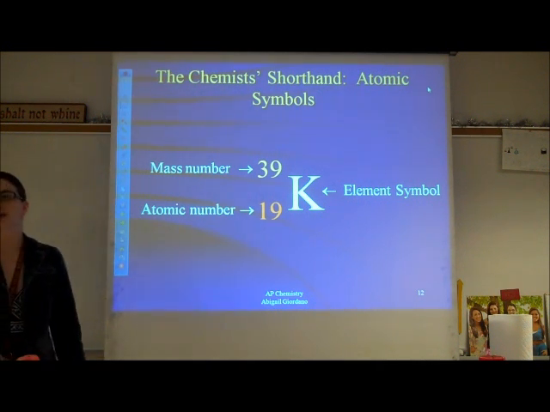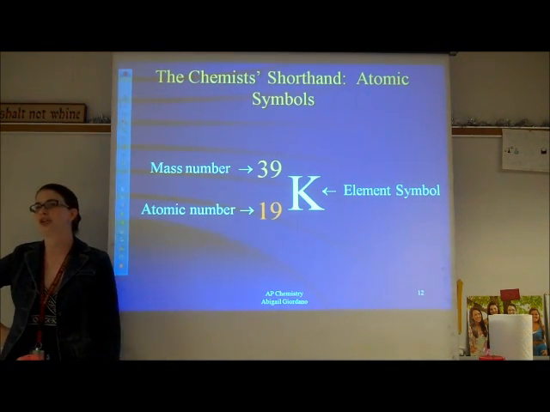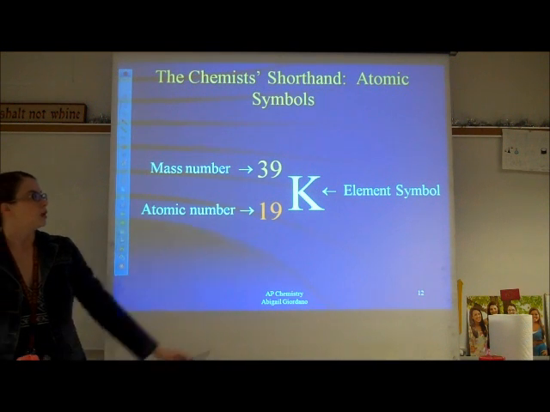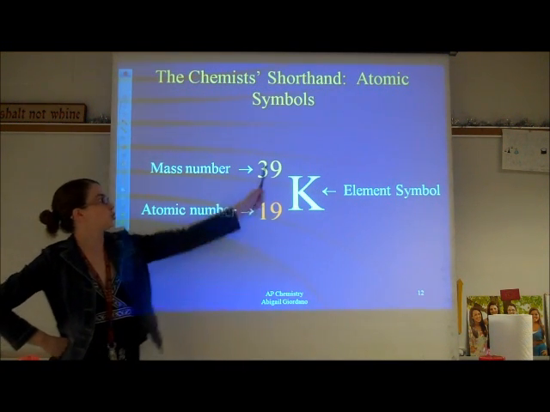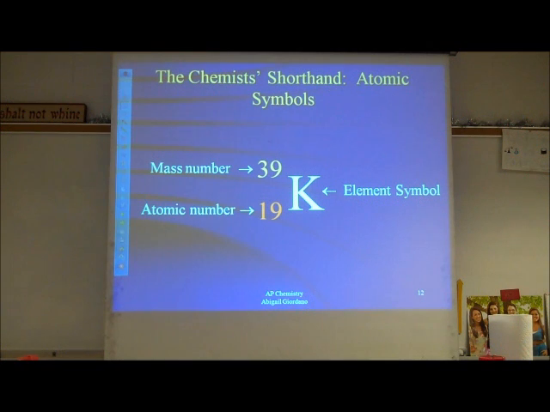A little refresher on this kind of notation. You've got an element symbol and you have two numbers next to it. The bottom number is your atomic number. What does that mean? The number of what? Protons. Protons. Okay? The big number in each box on your periodic table.